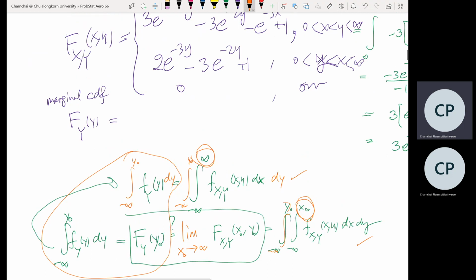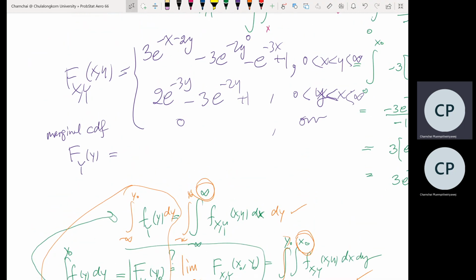Okay, so according to this, we take the limits as x goes to infinity of f of x, y.